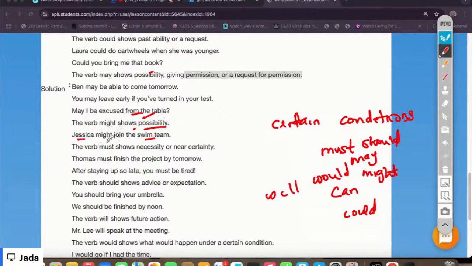It's like saying Jessica might join the swim, so might shows possibility.